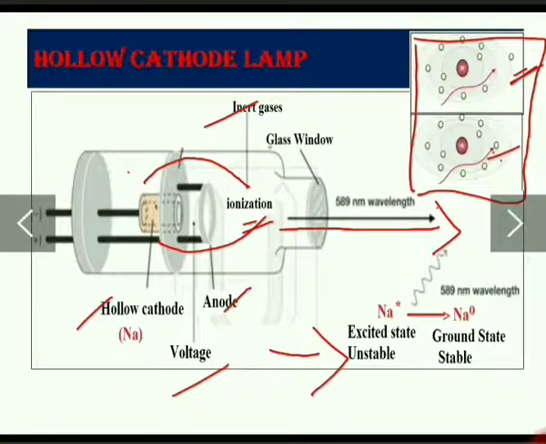In the excited state, it is unstable and always wants to come back to the ground state. When it comes back to the ground state, it releases light of characteristic wavelength, that is 589 nanometer, and this light will come out of the glass window.